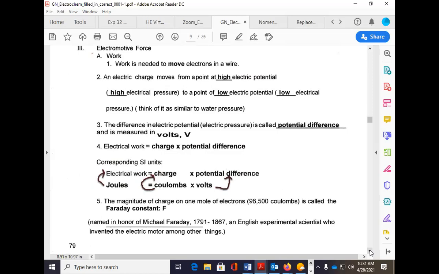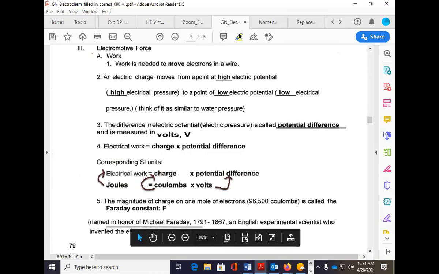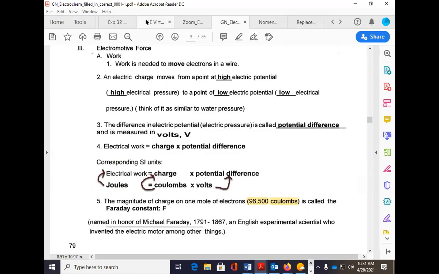Also, Professor, the 96,500 coulombs is F? Yeah, that's the Faraday constant. Oh, okay. So you're going to want to have this on your cheat sheet because I typically do not put it in the question.